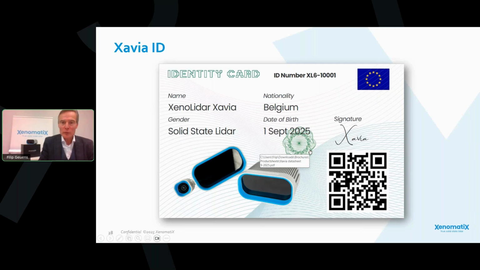Xavia has a field of view of 57 degrees horizontally by 17 degrees vertically, and the resolution is 0.3 degrees in horizontal direction and also 0.3 degrees in vertical direction. The frame rate is 10 Hertz or 20 Hertz. 10 Hertz is the standard, but you can optionally take the 20 Hertz variant if you have a more dynamic application.